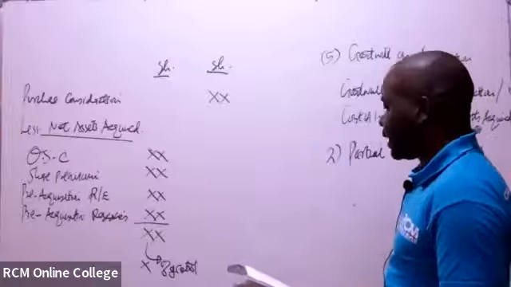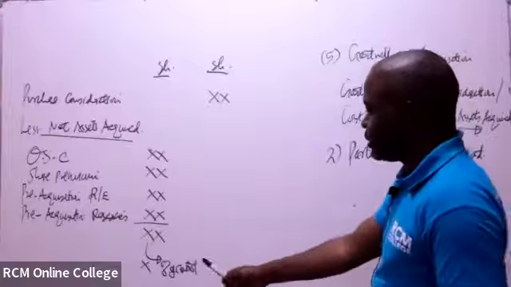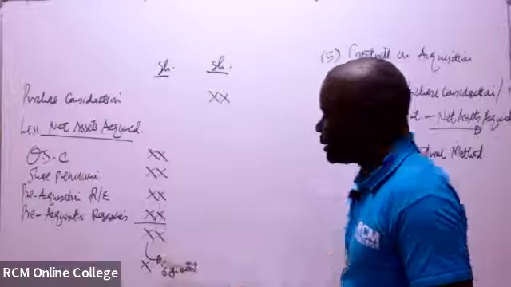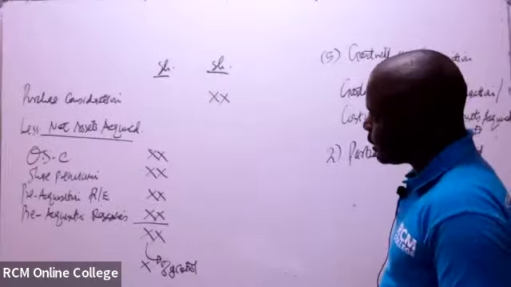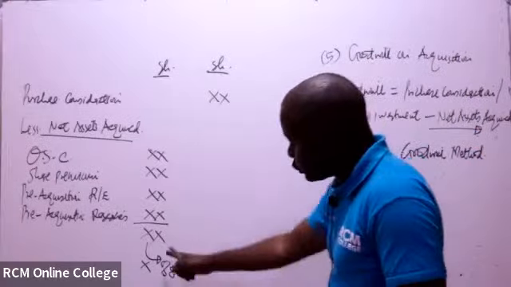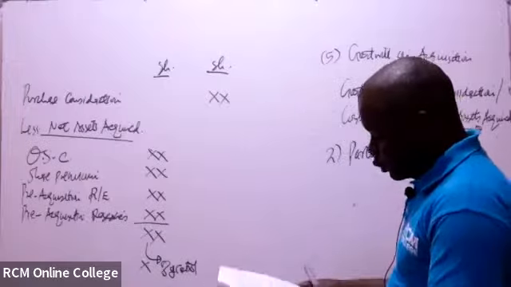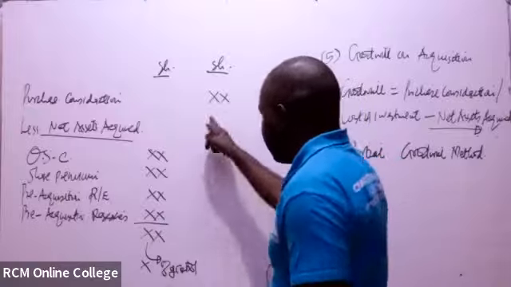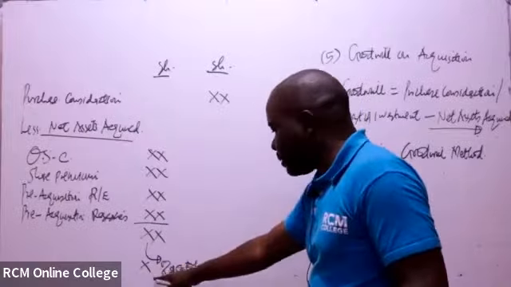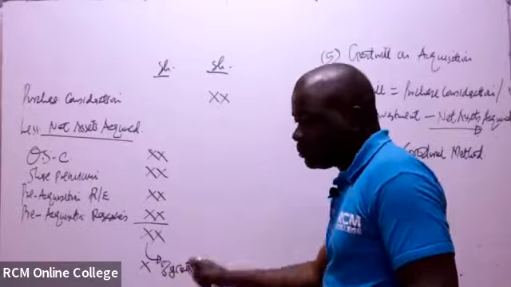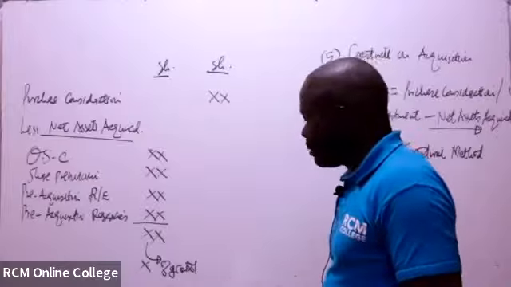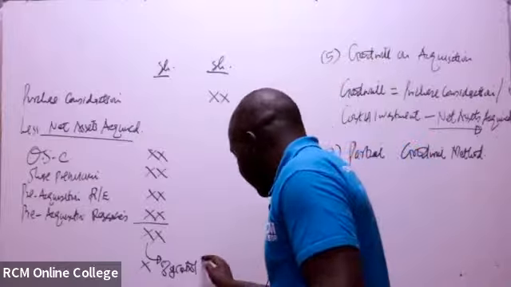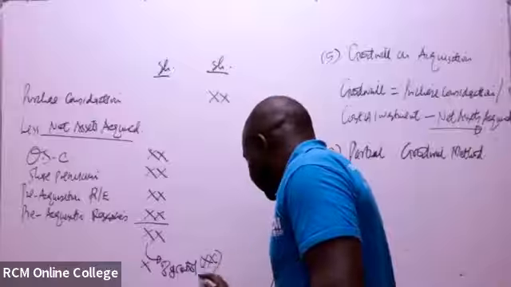If it is 70%, you take 70% of these net assets. You're not using the full figure, you just take a proportion of what they control. Once you multiply by the percentage of control, you get a figure. When you get that figure, you put it here, then you deduct it from this one.